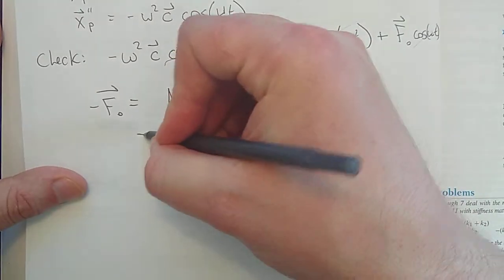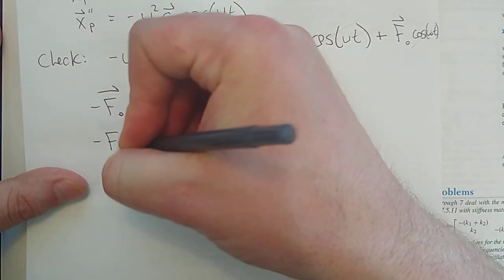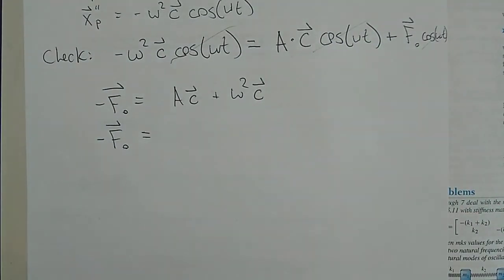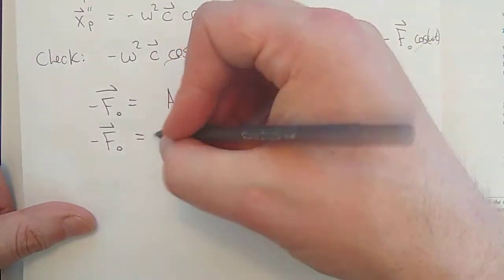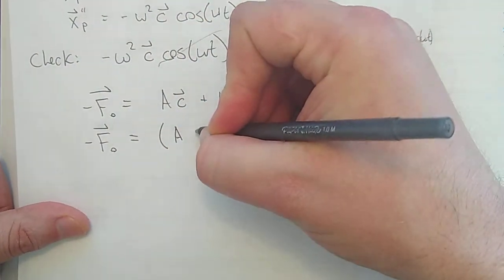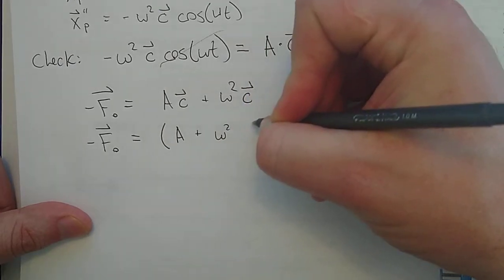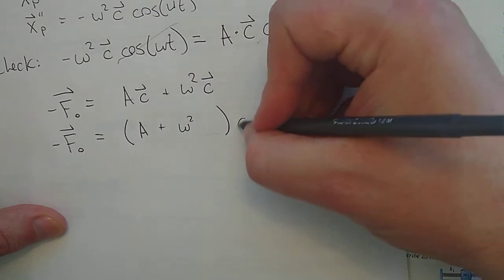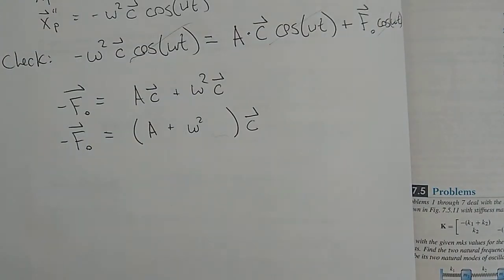And I'm just going to do a little trick that we have done before. Of course, it's very tempting when I see something like this to factor out the vector C. But what I would get if I just wrote that is technically nonsense, because I can't do A plus omega squared. A is a matrix and omega squared is just a number, a scalar. You can't generally do a matrix plus a scalar.